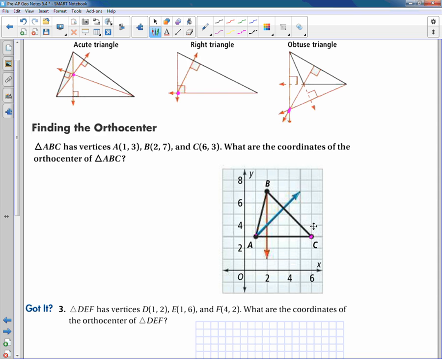So we would say 1, 1, 2, 3, 4 for the slope here. And then I would continue this line from C that way. So that would give me this point right here as the orthocenter. So the orthocenter would be 2, 1, 2, 3, 4. So it would be at 2, 4. Okay.